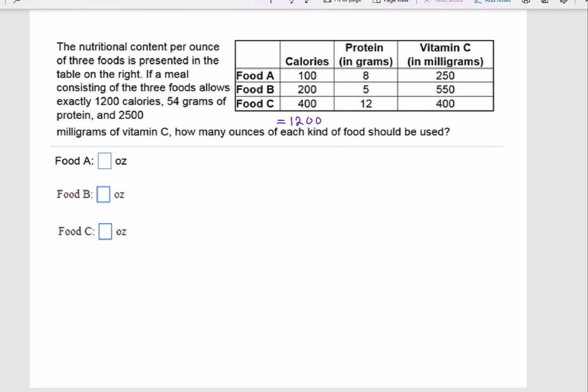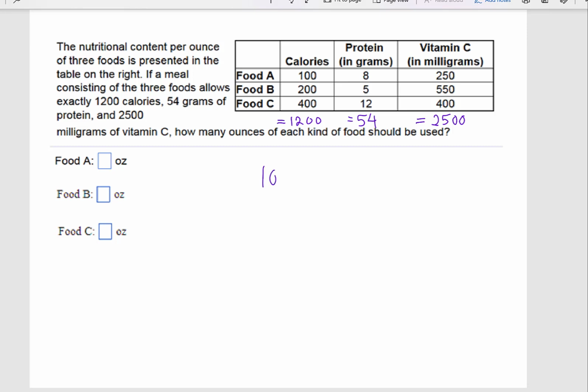All the grams of protein have to be 54. And then all the vitamin C has to equal 2,500 milligrams. So they're allowing these 3 foods, but the way it has to match up, it has to be equivalent to this many calories total, this many grams of protein total, and this many milligrams of vitamin C. So they want to know how many ounces of food A, B, and C.